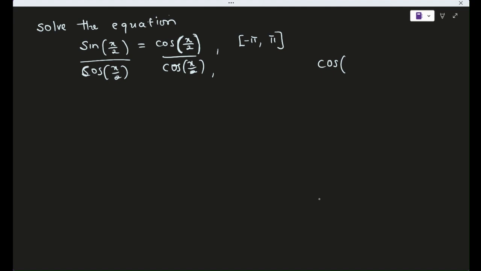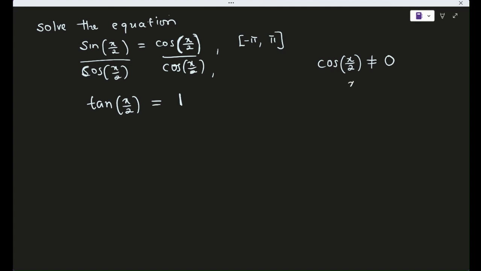What does that mean? It means we are assuming that this cosine x over 2 is not equal to 0. So here this will become just tan x over 2 equals 1.